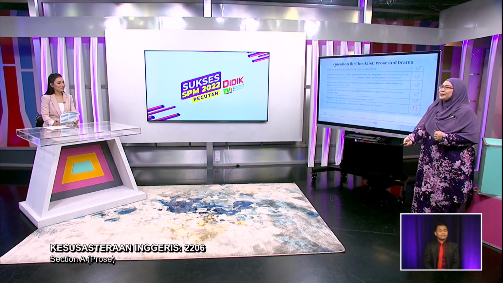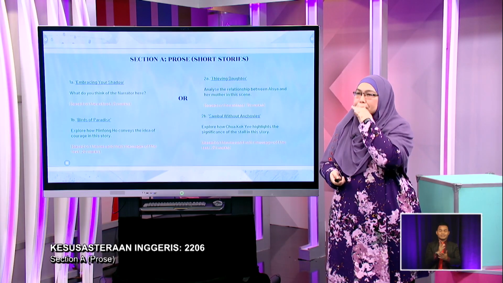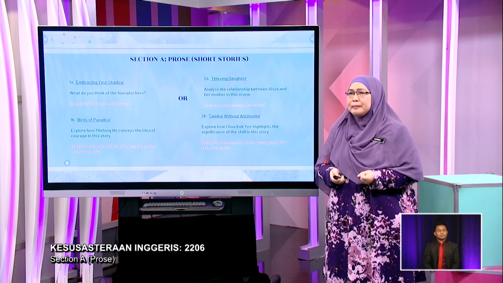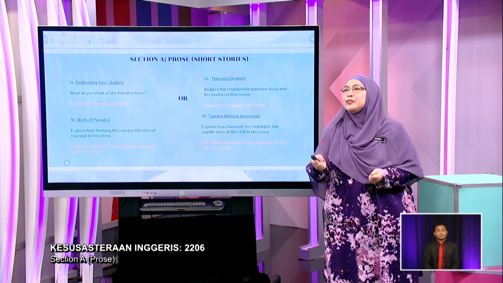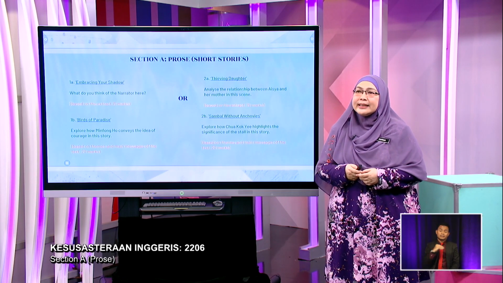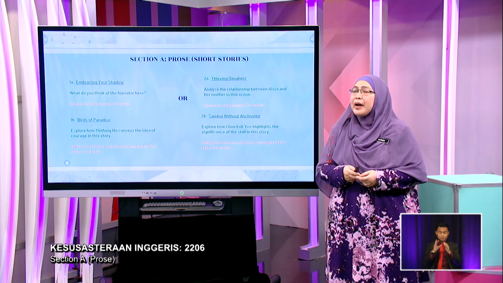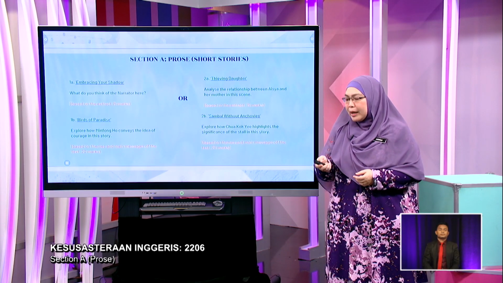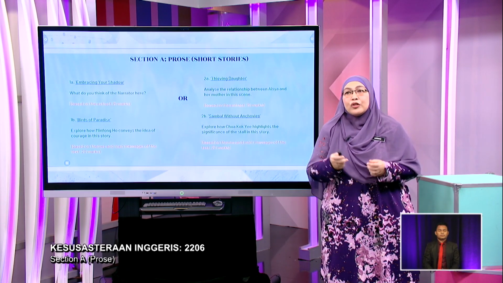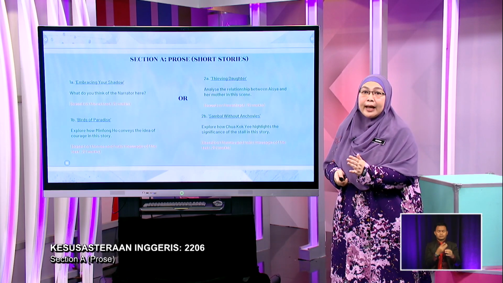It's all right. Let's go to what kind of questions could appear. You've got there 1A and 1B, 2A and 2B. These come from the 6 short stories, and they are Embracing Your Shadow, Birds of Paradise, Thieving Daughter, Sambal Without Anchovies. So if you're going to answer based on the short stories, quickly decide.